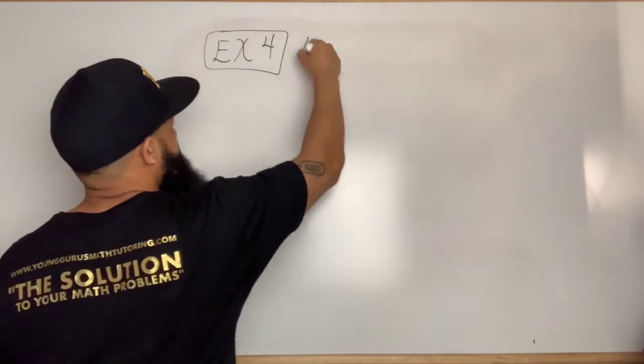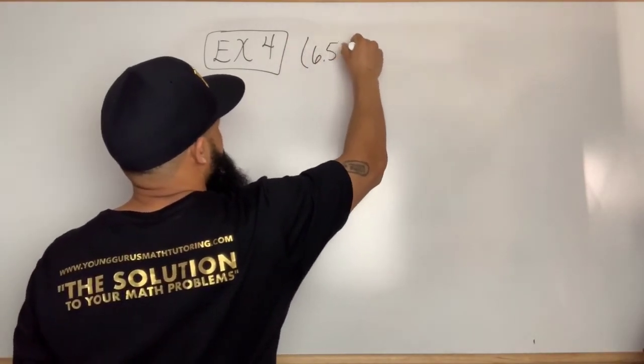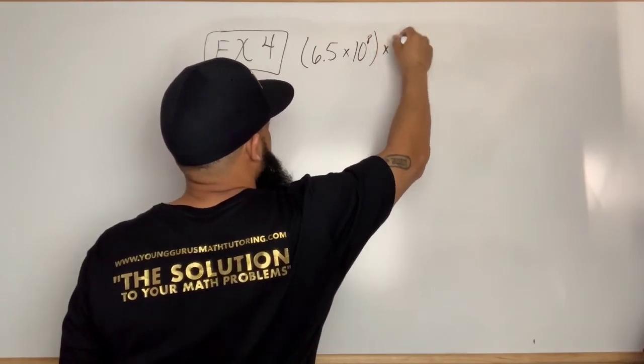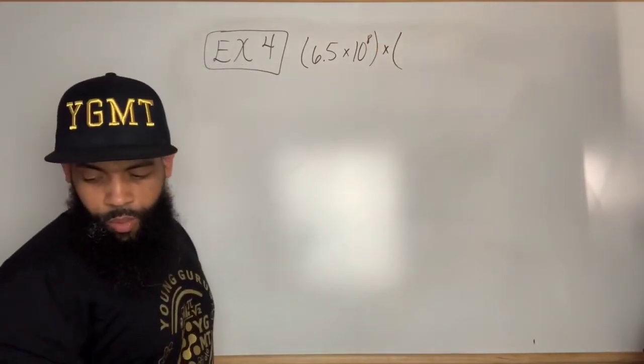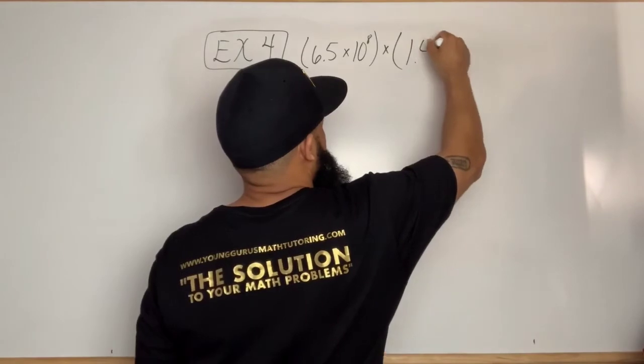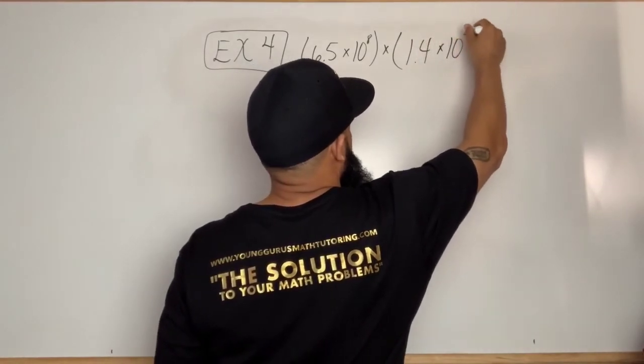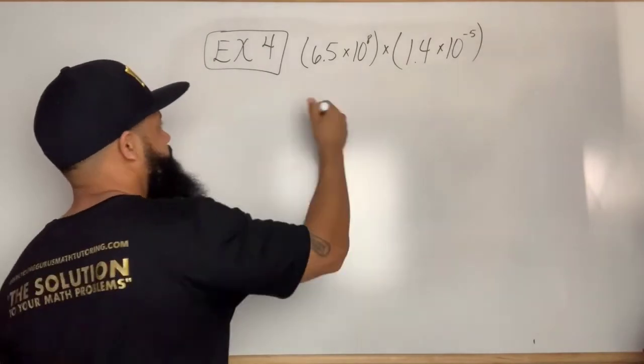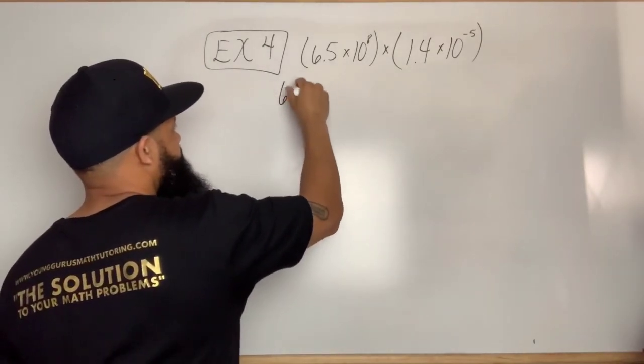Let's do this last one. 6.5 times 10 to the 8th power times 1.4 times 10 to the negative 5th power. Same thing.